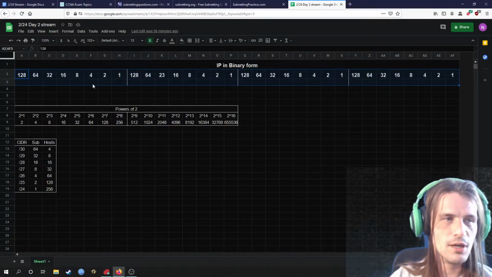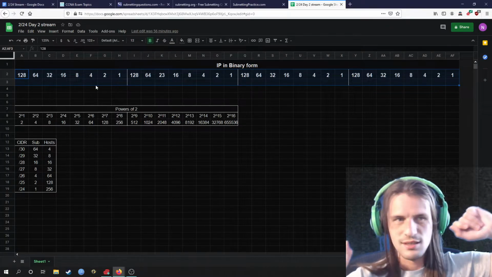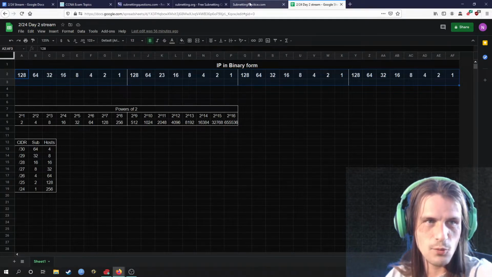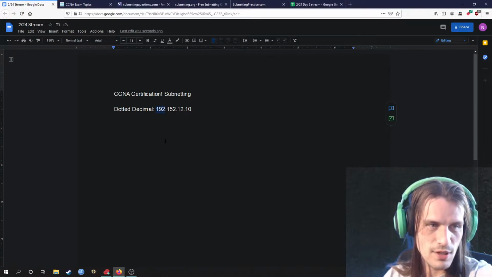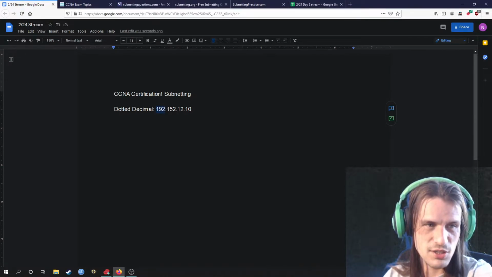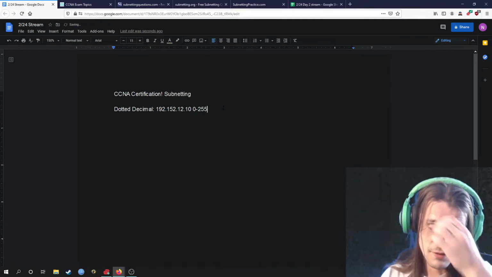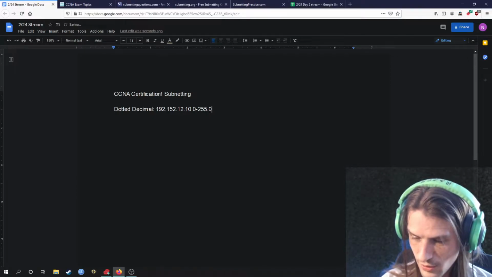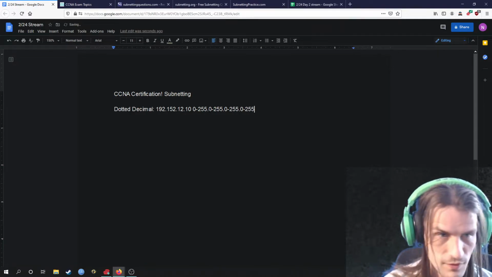Okay, so up here we have 4 octets. A single octet makes up one of these single decimals. So in this position, there can be any number between 0 and 255.